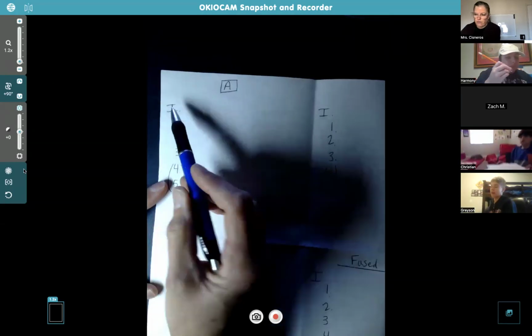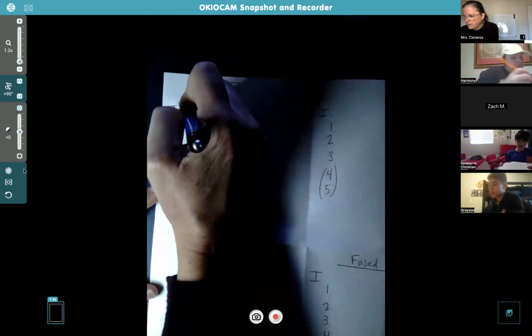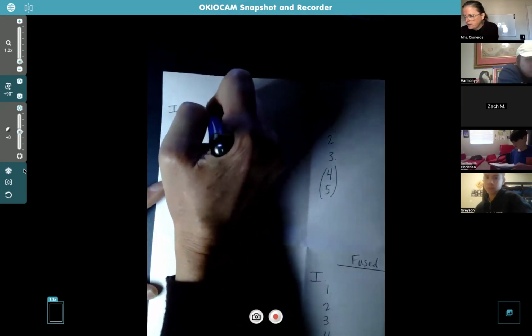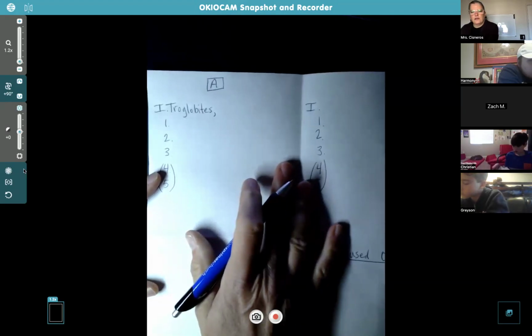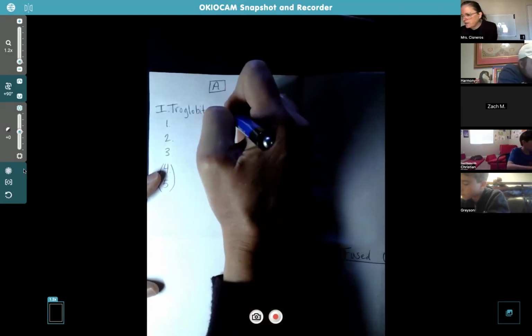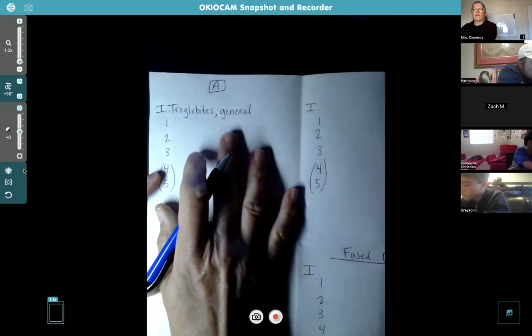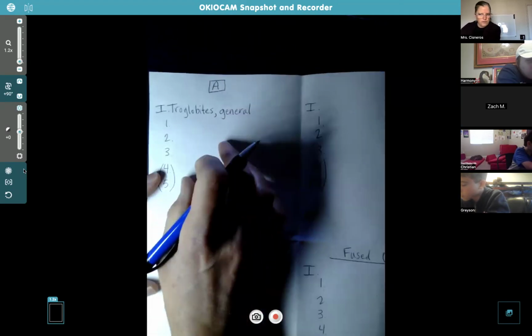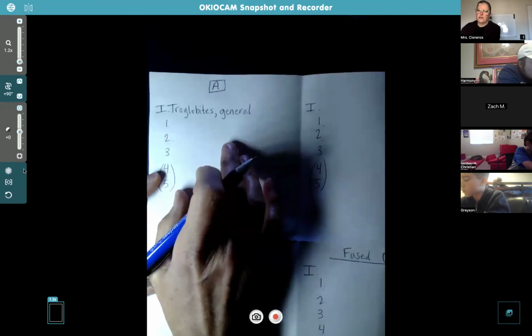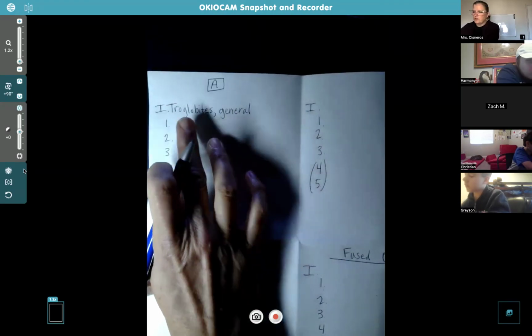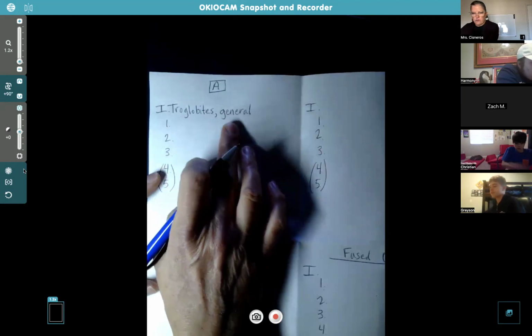That's the main part of what we're writing about, which is troglobites. So I'm going to put troglobites here, comma, and then general, because these are my notes just to tell me I'm only focusing on the paragraphs that talk about the general information about troglobites.